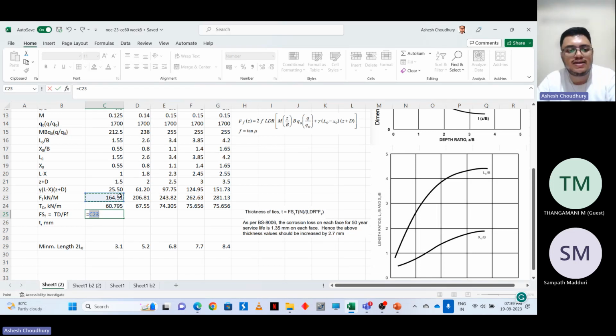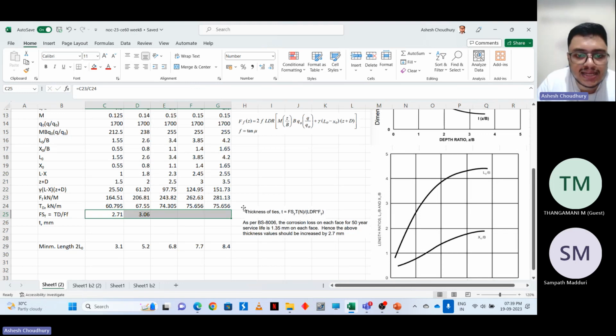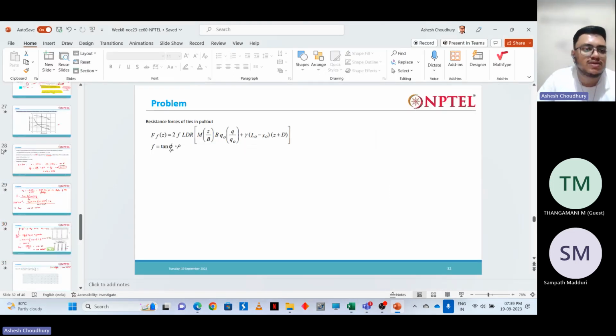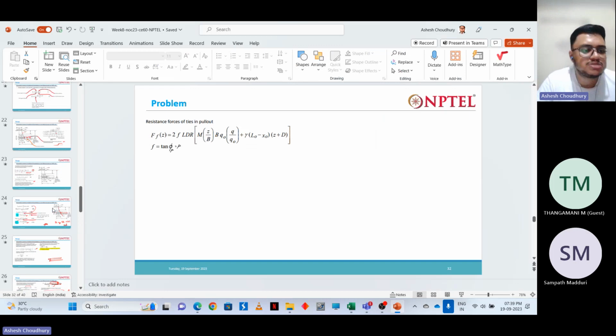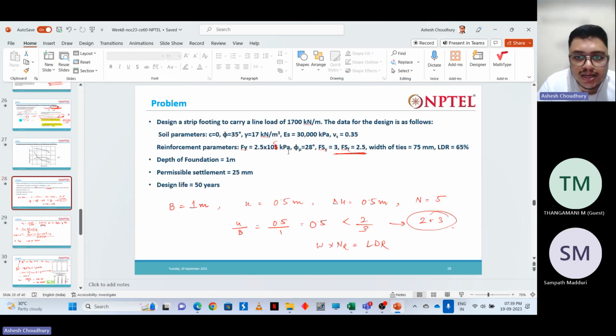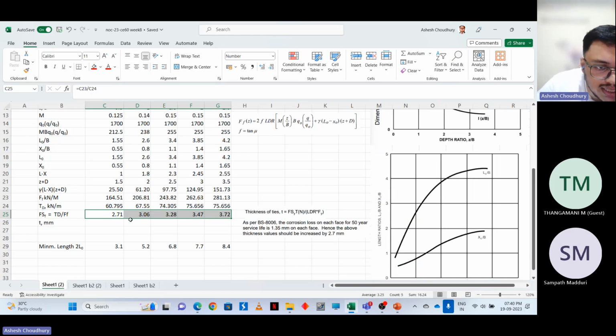So if I divide this by this, you get the factor of safety. You can see the desired factor of safety that was given in the question, that minimum this much factor of safety should be there. It was 2.5. You can see that using this, we're getting a factor of safety that is actually higher than 2.5 in all the layers. So in all the layers, we have ensured that the factor of safety is greater than 2.5.